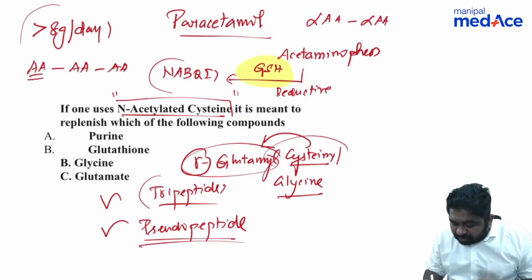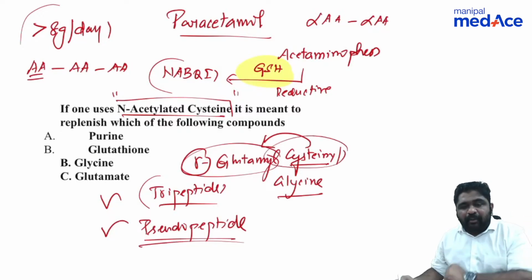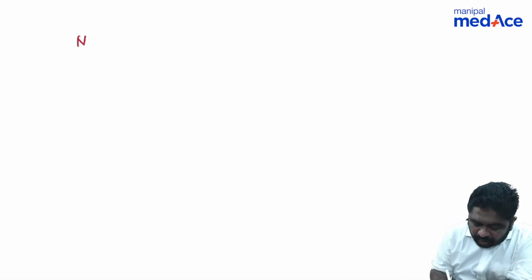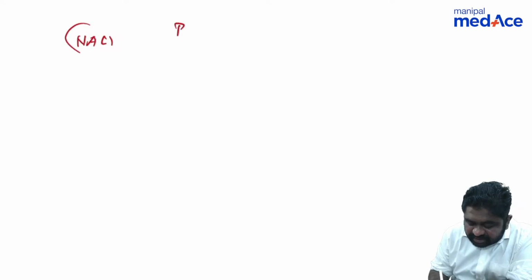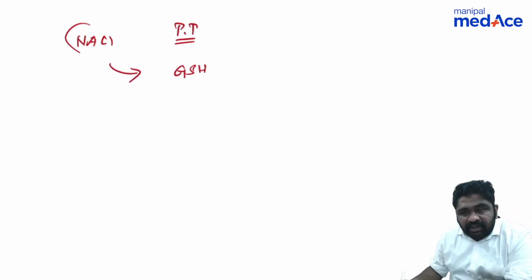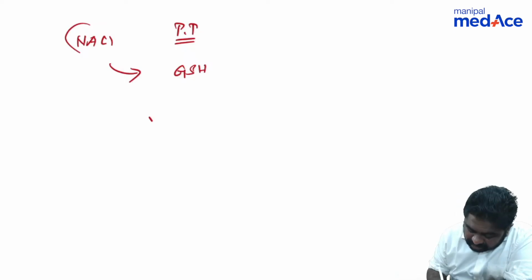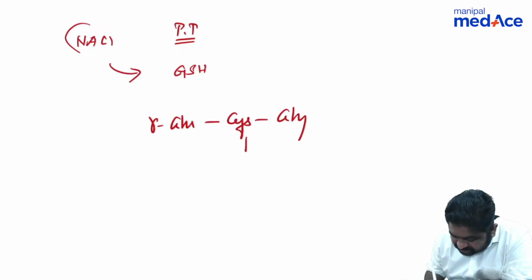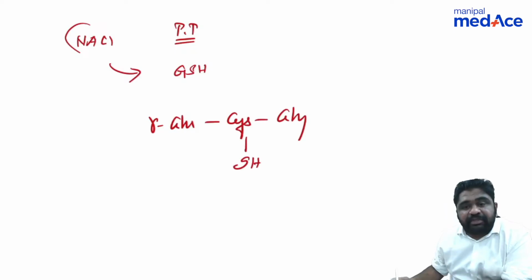Now, when you offer cysteine from outside, you will be able to replenish. How? We all know that N-acetylcysteine is the antidote for paracetamol poisoning, so that you can replenish glutathione reserves, isn't it? Because in gamma-glutamyl-cysteinyl-glycine, the cysteine's sulfhydryl group is free.